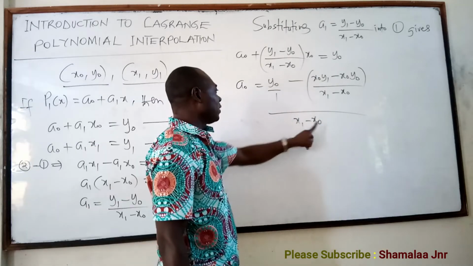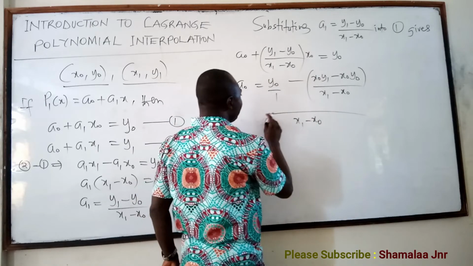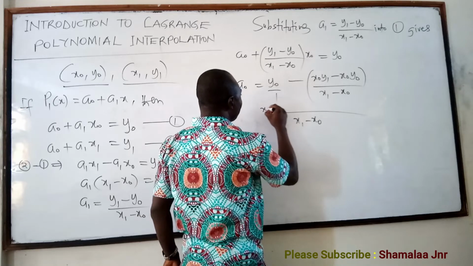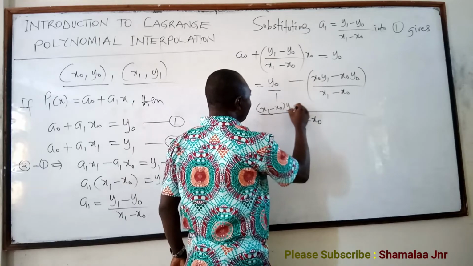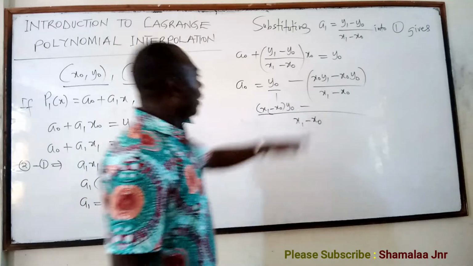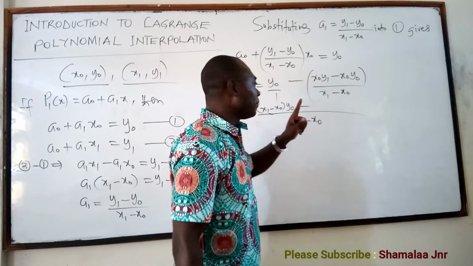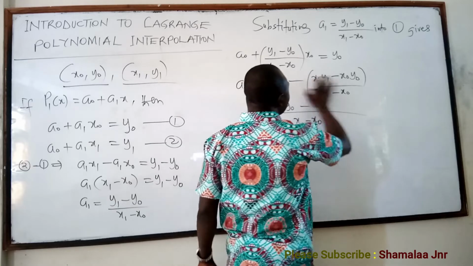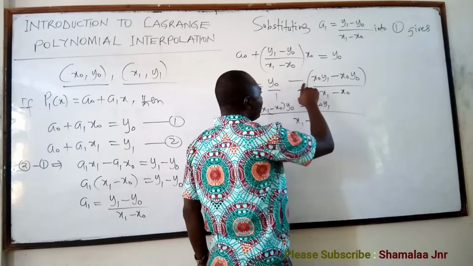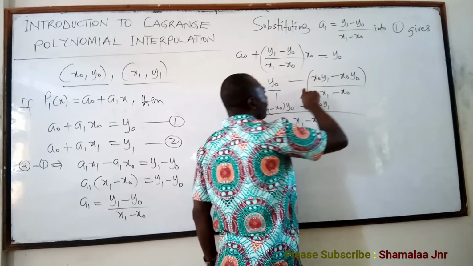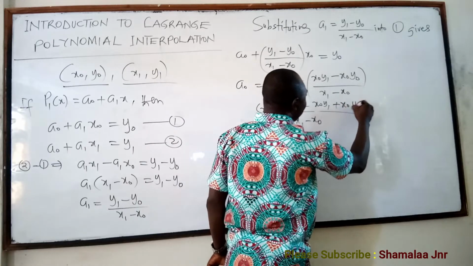Now, x1 minus x0 divided by 1 gives this one. So x1 minus x0 all times y0, minus x1 minus x0 goes into x1 minus x0 once. So if it is 1, then you get what is at the top, x0 y1, and don't forget here is negative 1. So negative 1 times negative 1 is positive, so plus x0 y0.